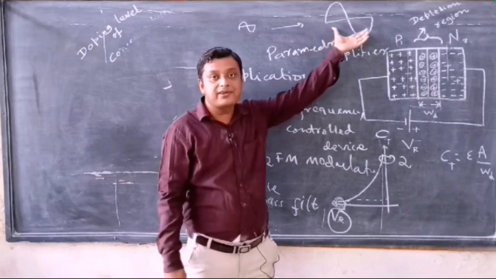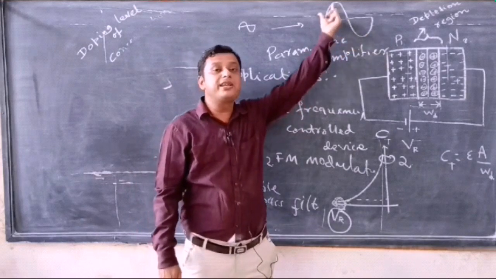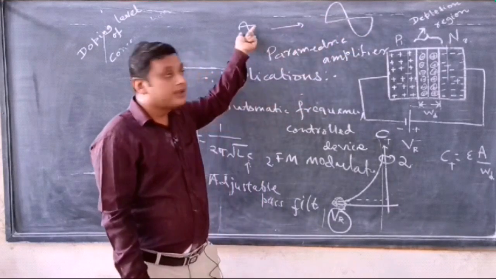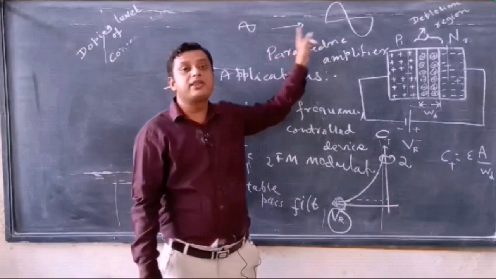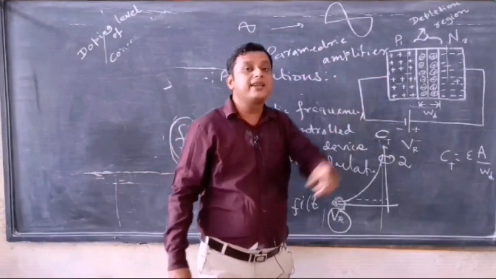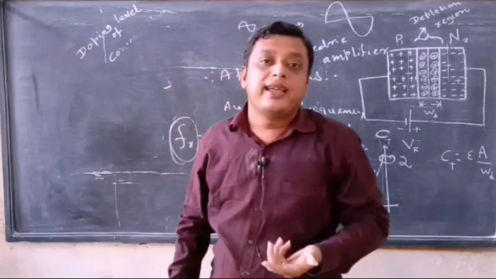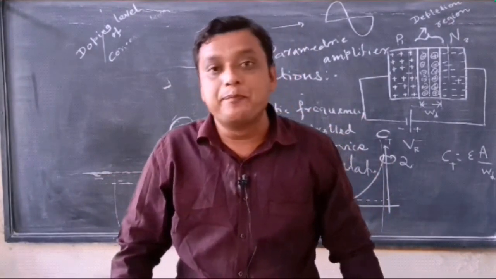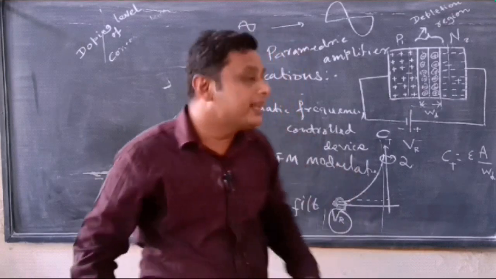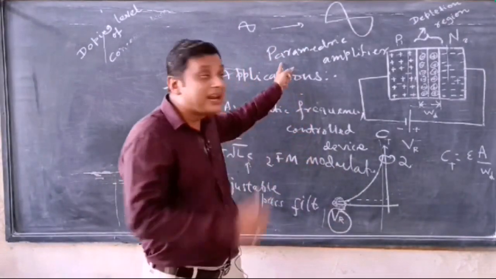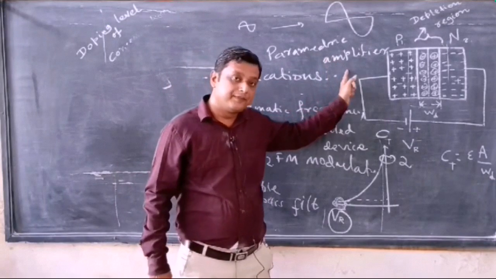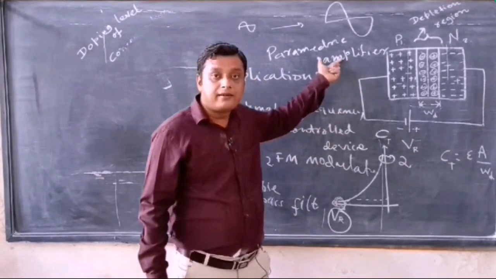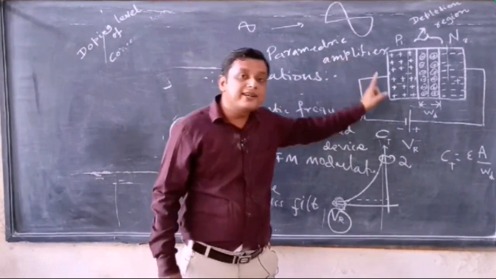This is a high strength because amplitude is greater. This is a small strength. This can be achieved with the help of an amplifier. Amplifier is made up of two words: amplitude magnifier. So in a parametric amplifier, we are using varactor diode.